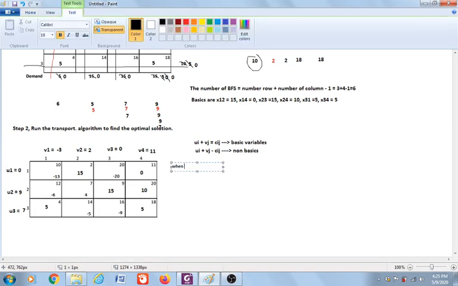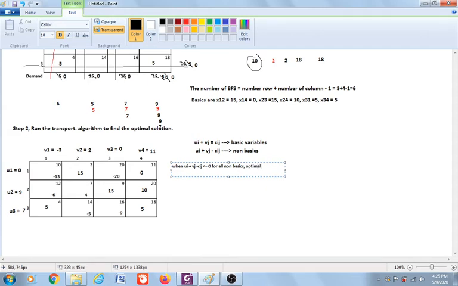When Ui plus Vj minus Cij for all non-basic variables are less than or equal to 0, then optimum.